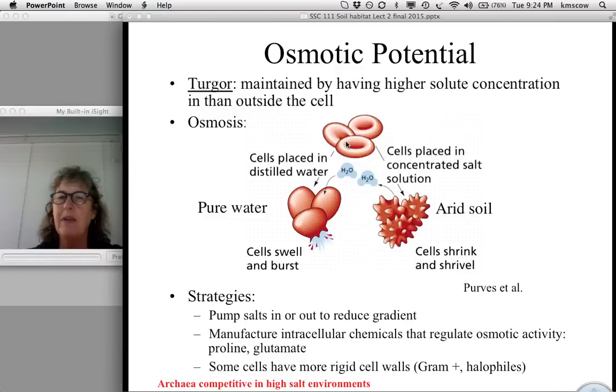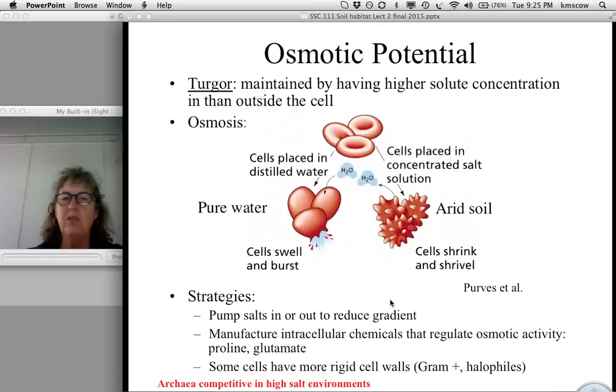And this could happen with a very rapid rainfall event, I suppose, in soil that was salty to start with. And in contrast, if you put cells in a concentrated salt solution, for example, in a very arid soil, then the cells are going to shrink and shrivel up through this process of osmosis.